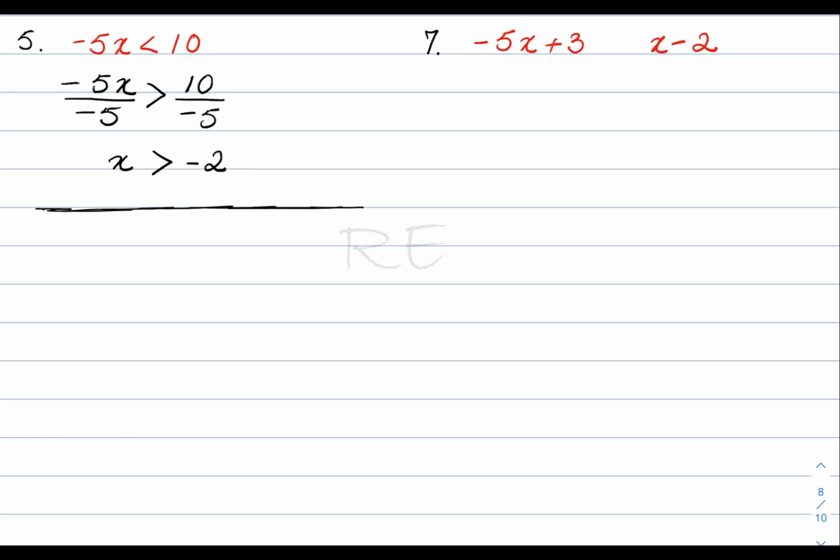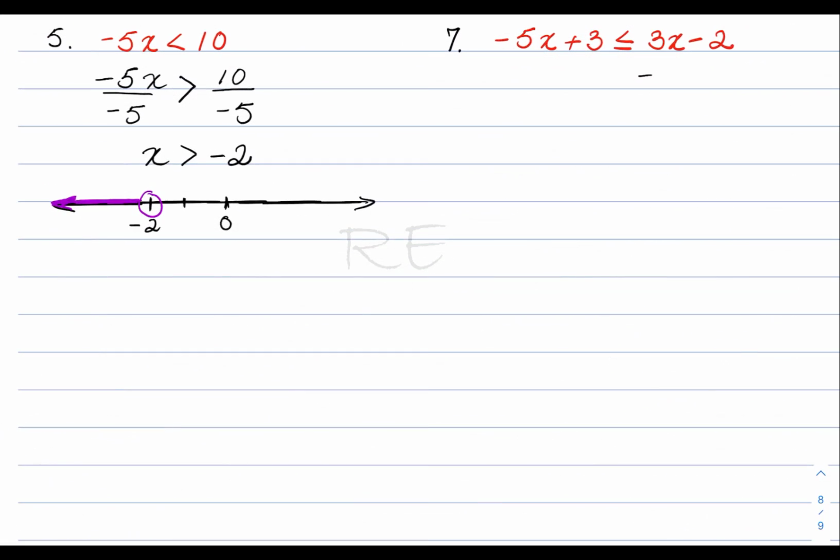Therefore, x will be greater than negative 2. This is negative 2. Greater than negative 2, strictly greater, means negative 2 is not included. Therefore, we have an empty circle at negative 2, and we'll shade the values to the right of negative 2.